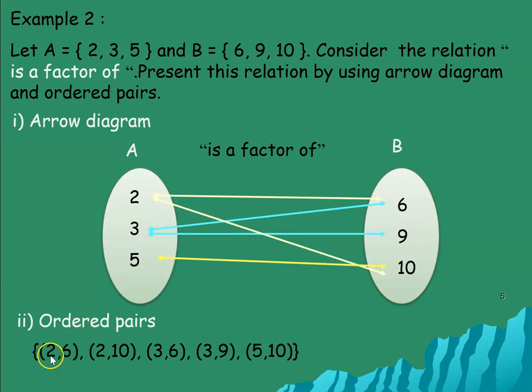The first one will be the set of 2 and 6, and then you have 2, 10, 3, 6, 3, 9, and 5, 10. Whatever you have in here, you will have to write it down in here. Let's say if in here you have 5 relations, then in the order pairs, you will have 5 relations: 1, 2, 3, 4, and 5.